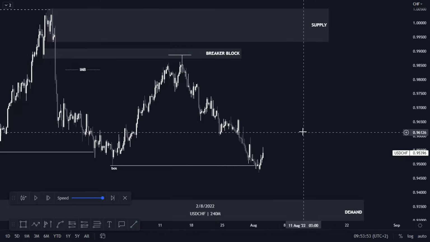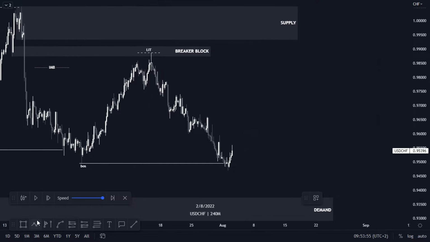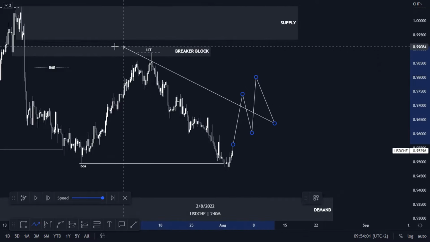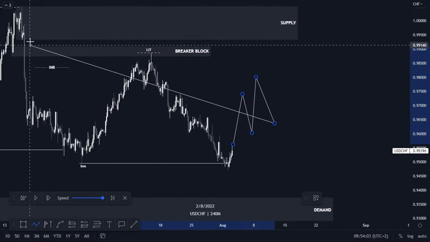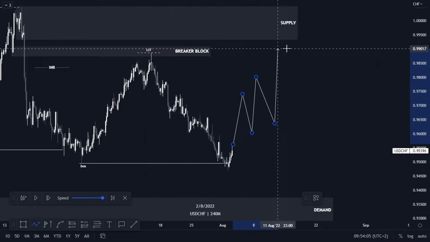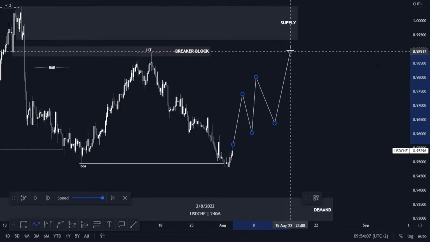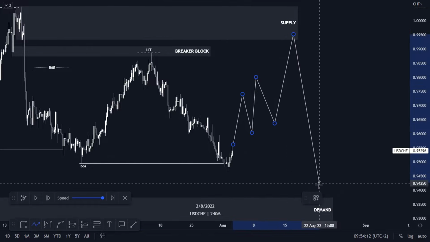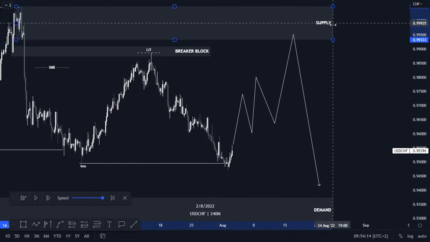We might be expecting the market to push to the upside, clearing all the liquidity above the inducement. We have a form of imbalance here that needs to be swept before the market pushes to the downside. Then price can tap into our supply area and push to the downside.